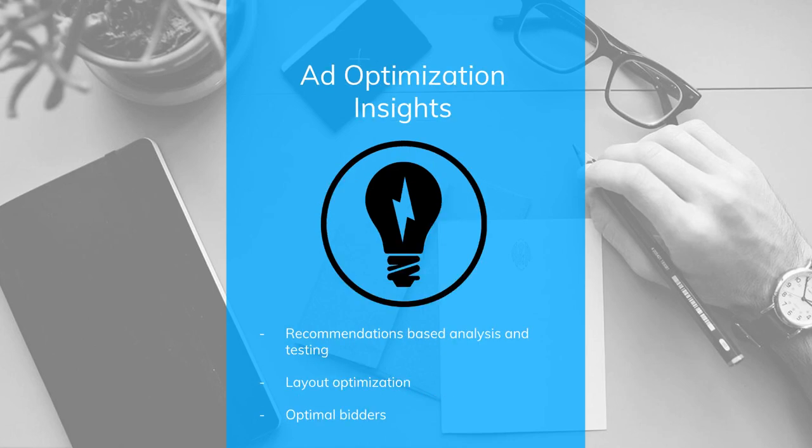Another great opportunity is ad optimization insights. With all the machine learning testing and the analysis, we can come up with important recommendations to further increase RPMs. A good example of this is layout optimization. Most publishers decide where to put their ad placements manually.